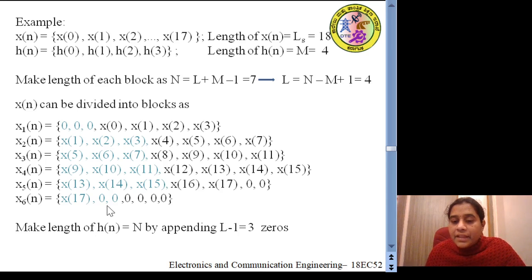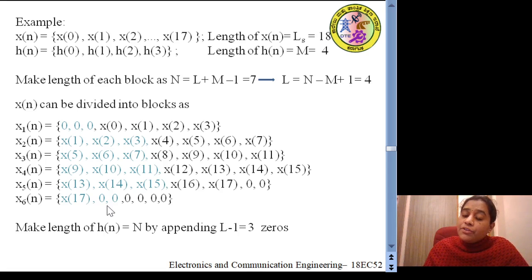So we are convolving this xi of n with this h of n circularly. As we discussed in the previous session, we are making use of circular convolution here such that we can obtain linear convolution. Basically, our goal is to obtain the filtering or linear filtering. Linear filtering is nothing but linear convolution.